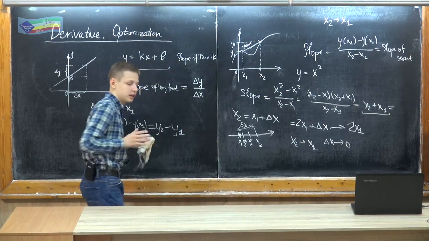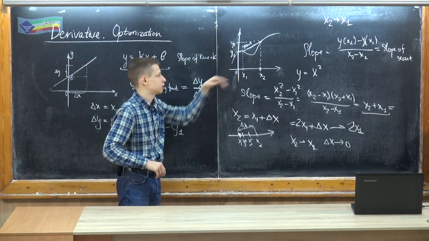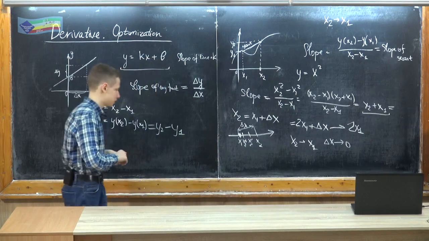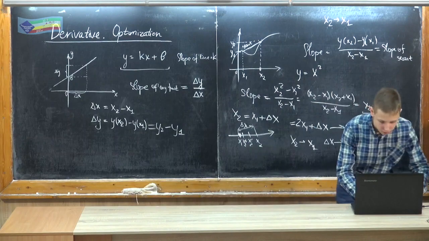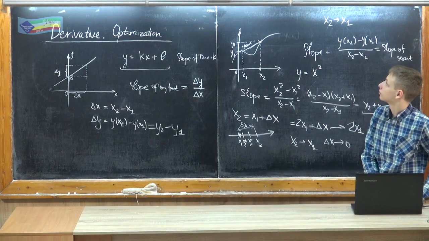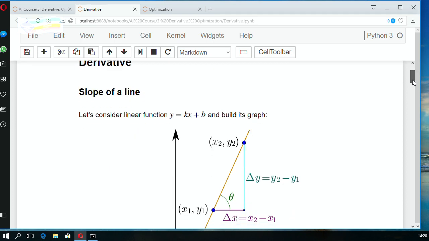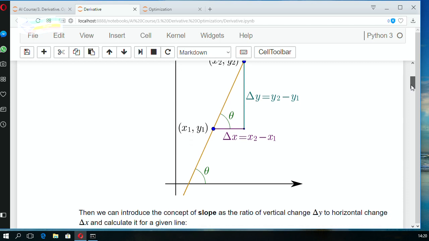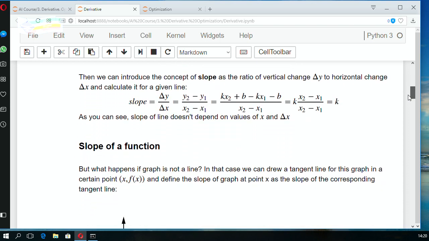And what will happen with the graph, what will happen with the secant of this function in this case? Let's see some graphs. So this is our linear function. We get the slope is equal to k.